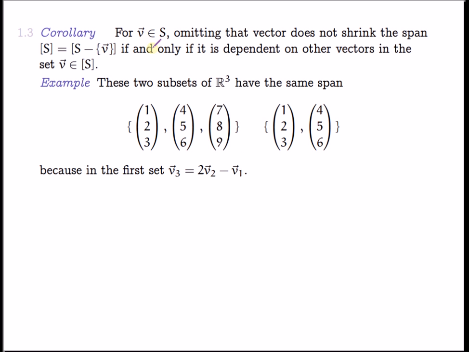We have a corollary. If V is in S, then omitting that vector does not shrink the span if and only if it is dependent on other vectors in the set.